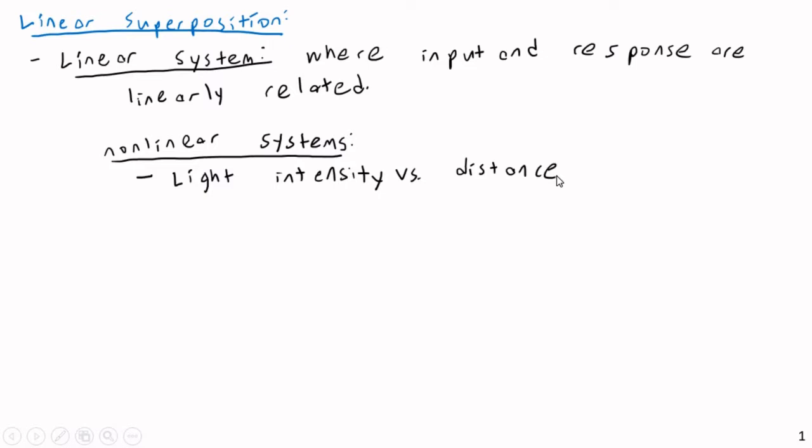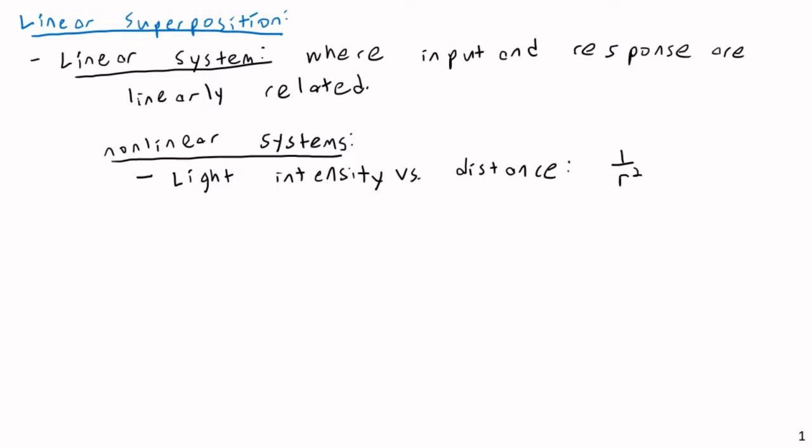If I double the distance from a light source, what happens to the intensity of that light? Does it go down to half the previous value? You square the change. Again, this is just a review from basic physics: there's the inverse square law, the 1 over r squared relationship. So if you double the distance, you will cut the intensity by a factor of 4. If you triple the distance, you'll cut the intensity by a factor of 9.